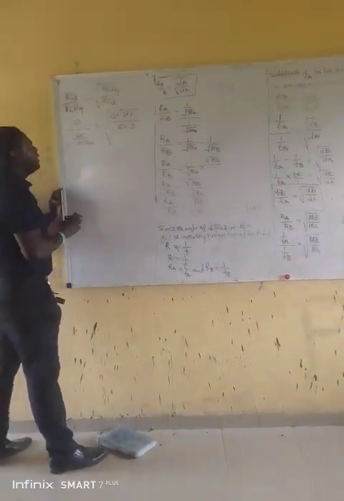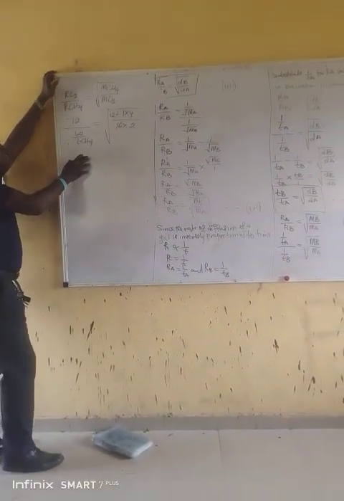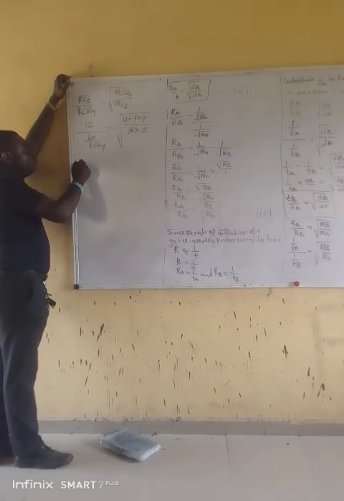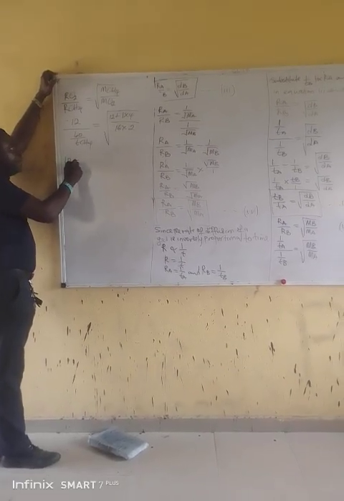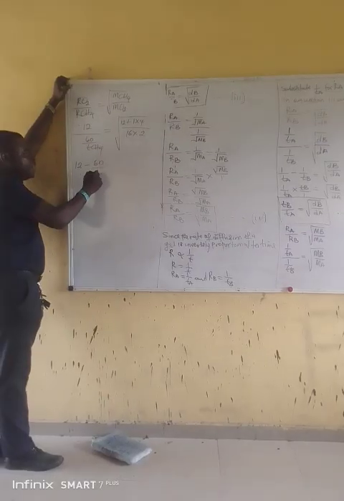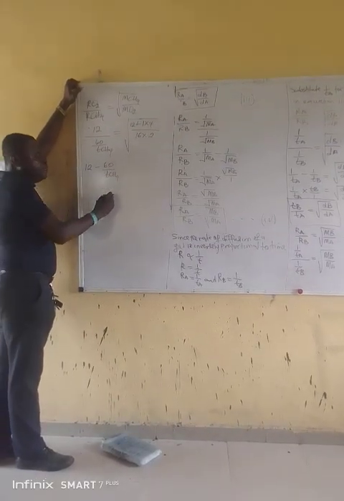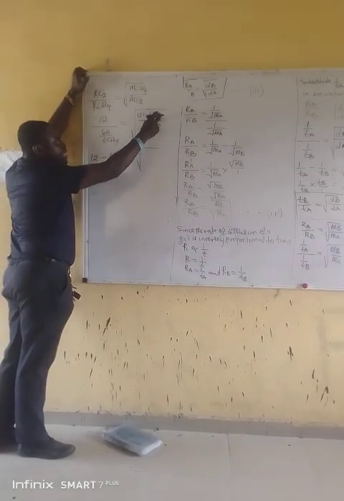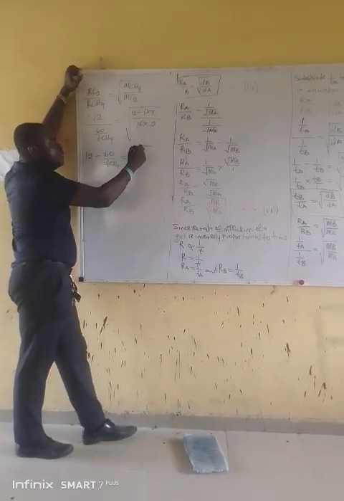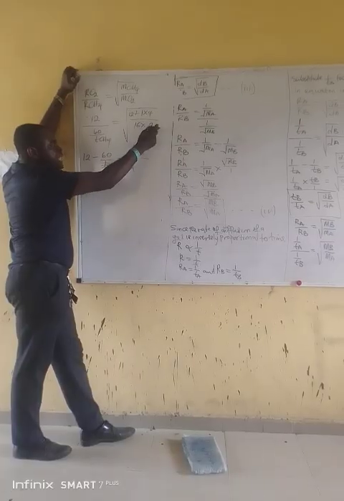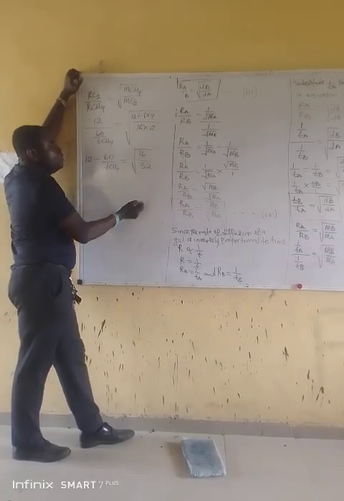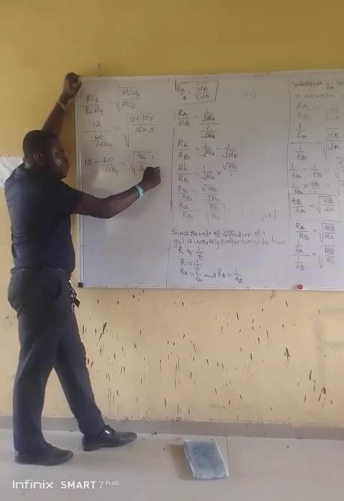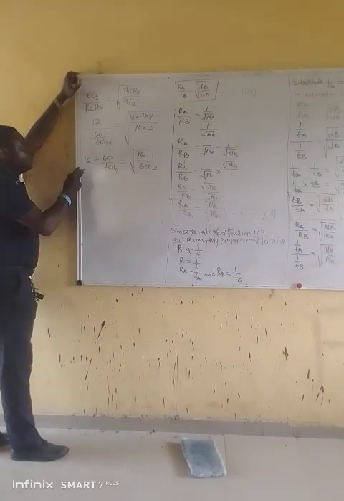Are we together now? Yes. Now let's do this one in the normal way again. 12 divided by 60 over time for CH4, then equals square root of 1 times 4, 4 plus 12 is 16, over 16 times 2, which is 32. You can say 16 here 1, 16 here what? No wahala.